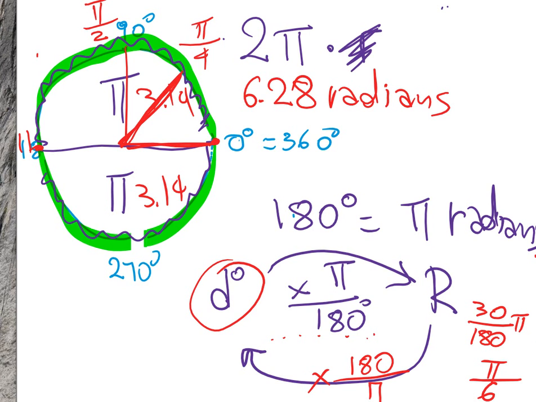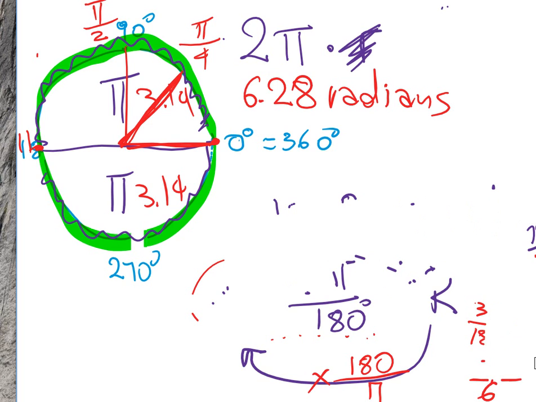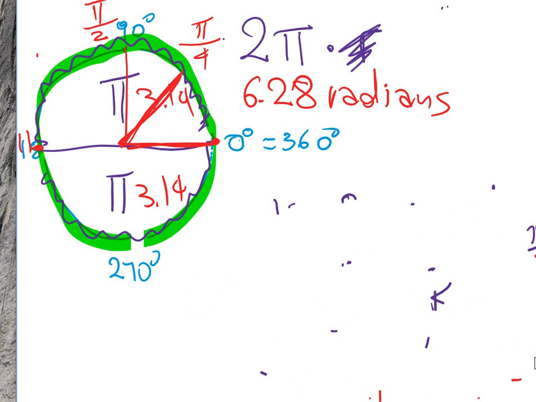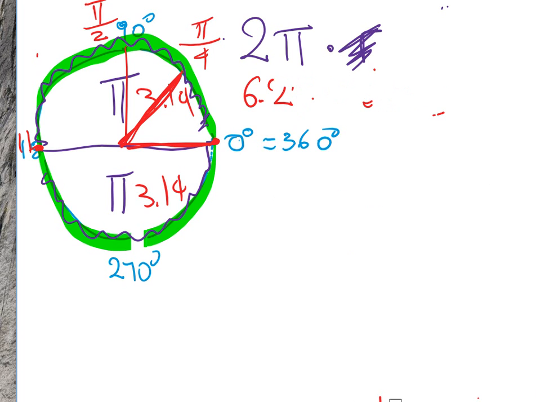You will have some activities to do. You will need to convert degrees to radians. It's easy, and you will see that in your book. We don't finish the division, we don't divide by the whole 3.14, we just try to leave it as pi.